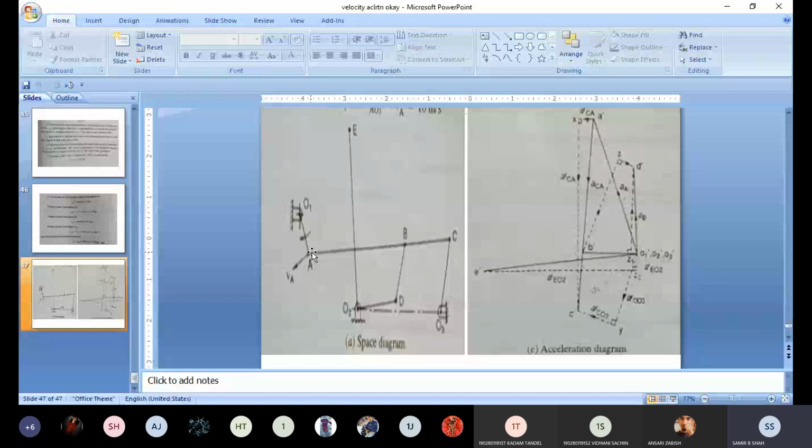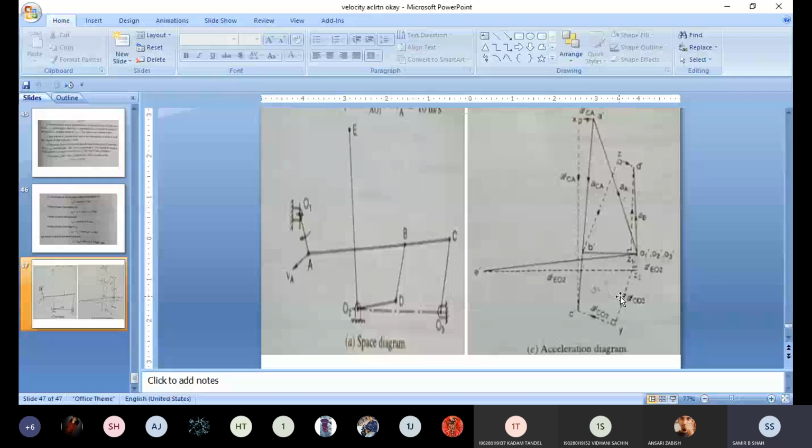For O3C, O3 dash is a fixed point. From point O3 dash, draw vector O3 dash y parallel to O3C, which represents the radial component of the acceleration of C with respect to O3.